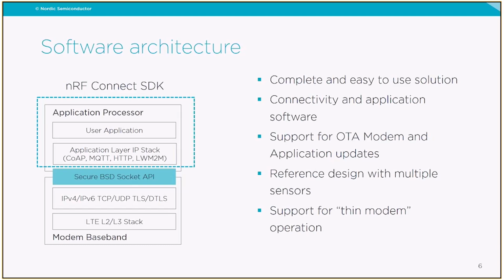And of course the reference design, the Thingy:91, which was mentioned, does have multiple sensors, and those are all supported. If you want support for thin modem operation, that is possible. So by thin modem, we basically mean using the nRF91 chip as a connectivity chip instead. And then using a different application processor, that is possible if you wish to do so.